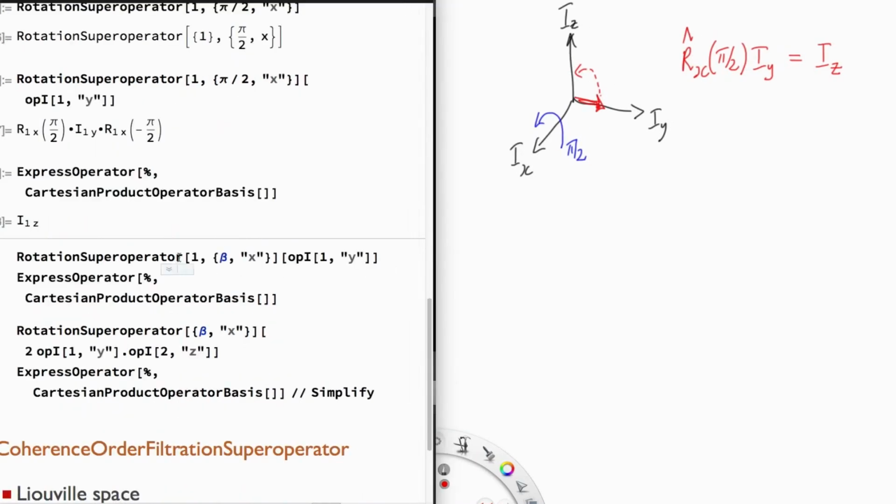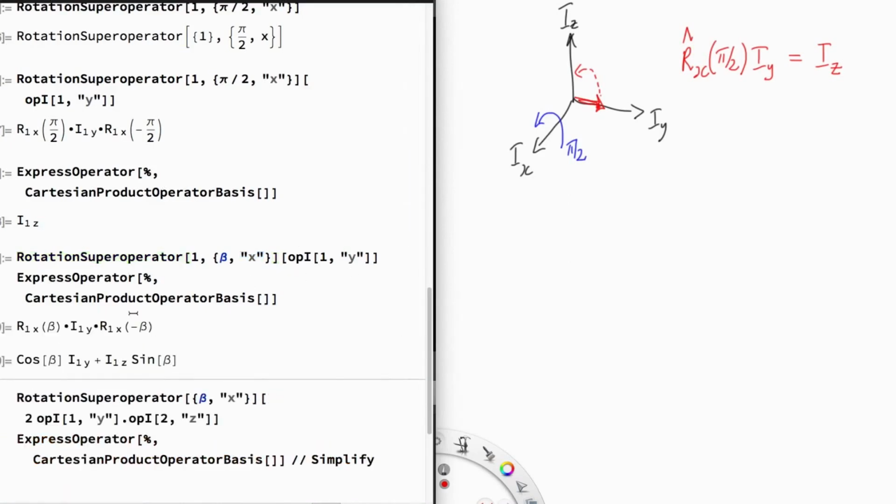We can form more general superoperators. This would do the rotation through a general angle beta around the x-axis, again applied to Iy. The result will be familiar to most of us who do some NMR theory.